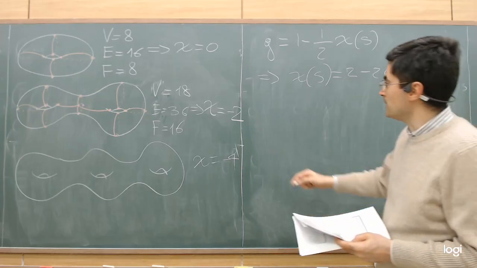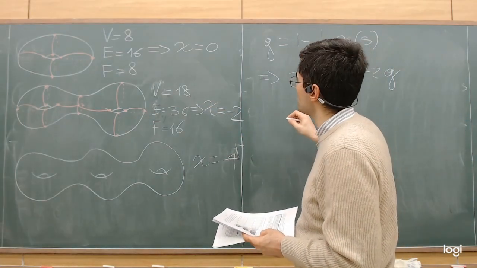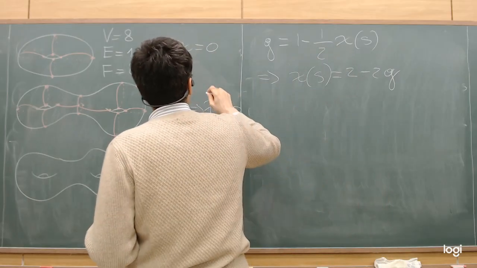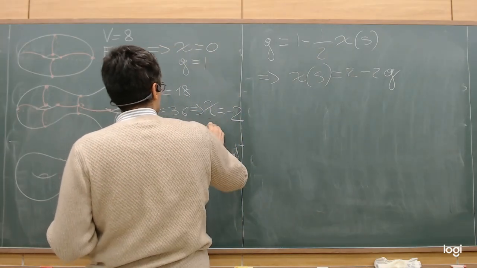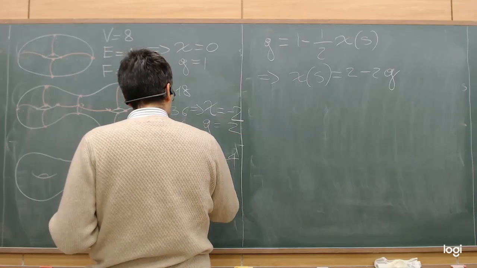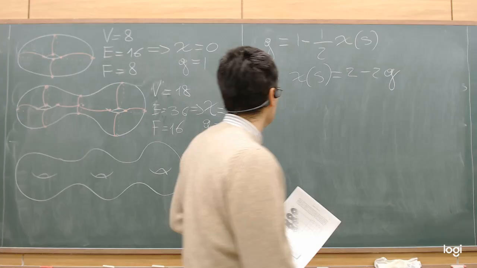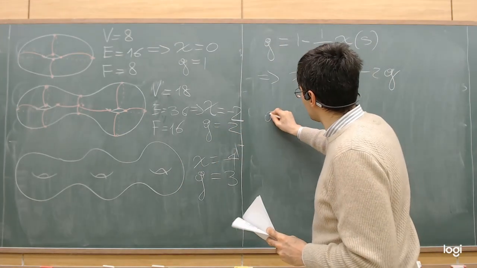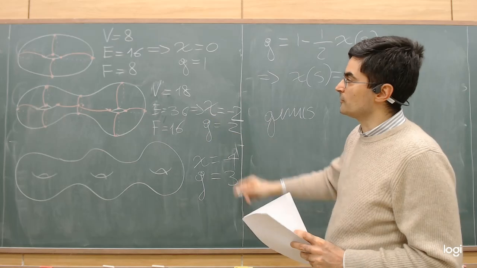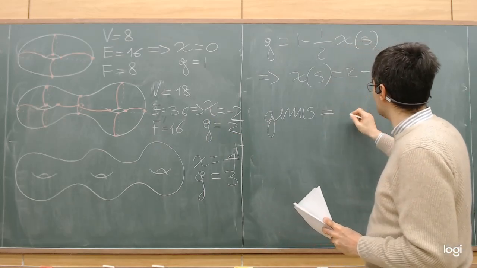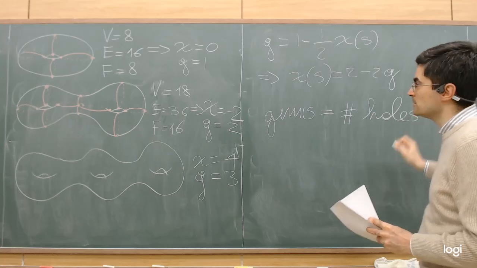And this says that these surfaces have respectively g equal 1, g equal 2, g equal 3. Essentially, the genus of a surface of this kind coincides with the number of holes in the surface.